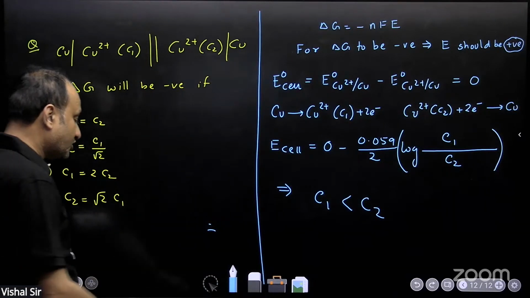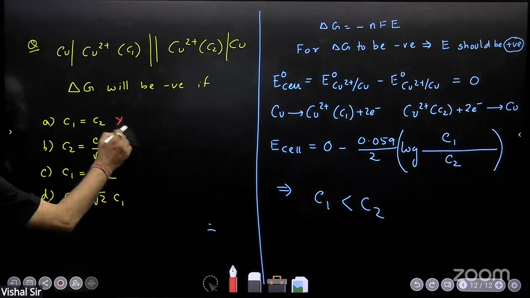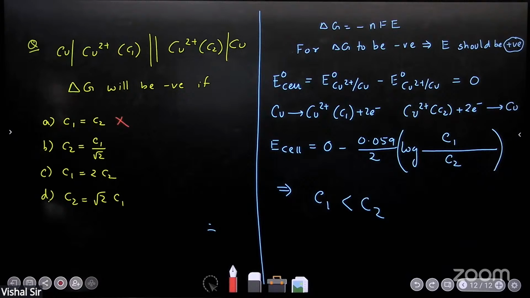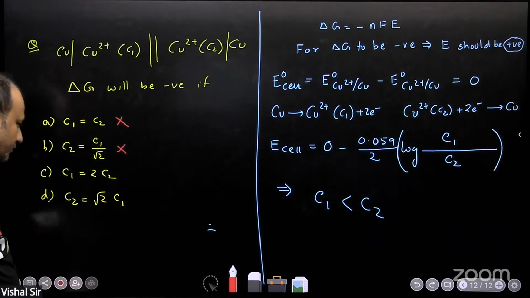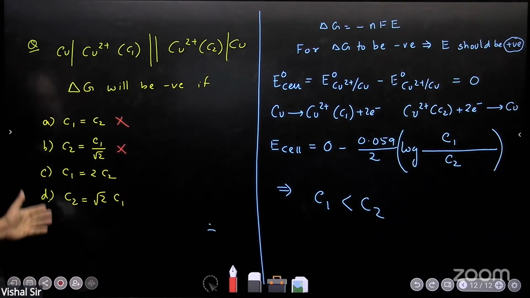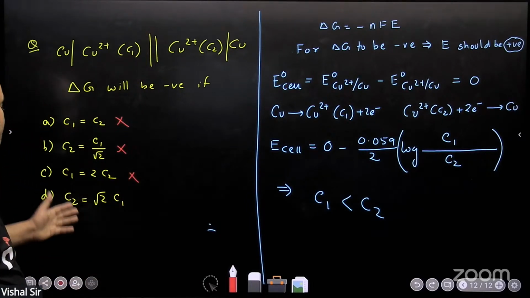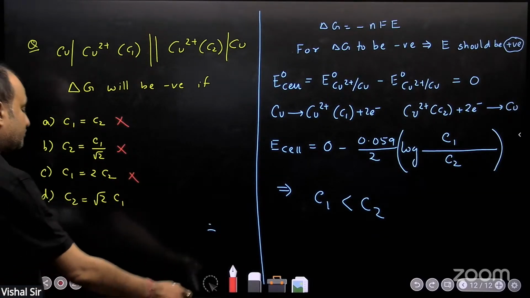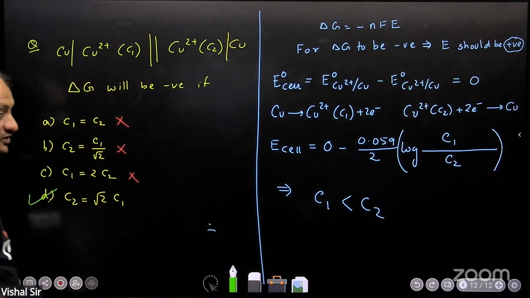Let's check in which option this is satisfied. First option is saying C1 equal to C2, wrong. In second option, C1 is root 2 times C2. Here C1 is greater. Third option, C1 is 2C2. Again C1 is greater. Fourth option, C2 is root 2 C1. C2 is greater. So this will be our answer.